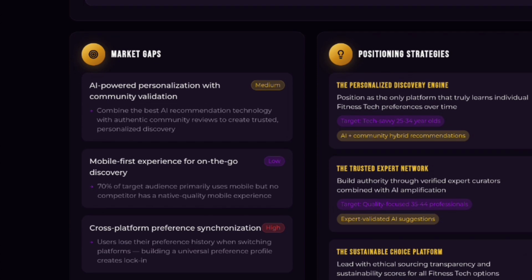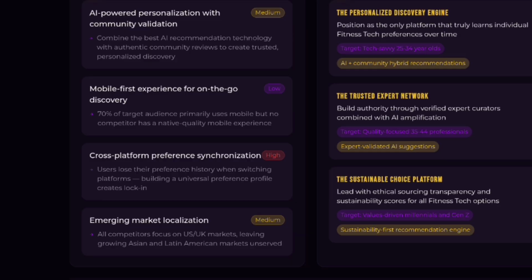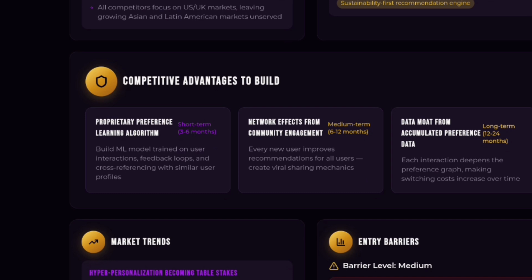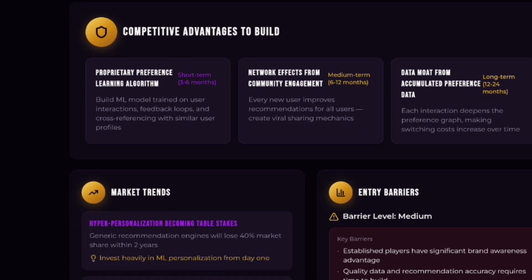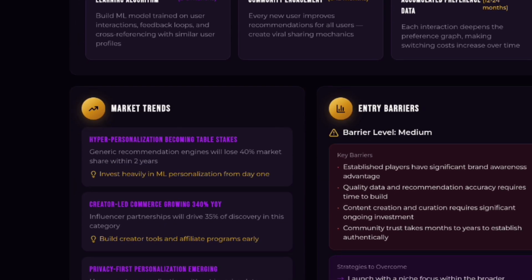So AI-powered personalization with community validation, that's sort of medium. There's a low mobile-first experience for on-the-go discovery. So maybe there are way too many mobile apps in there and not one system. So competitive advantages to build. So here's your 3 to 6 months plan, 6 to 12 months, or 12 to 24 months.